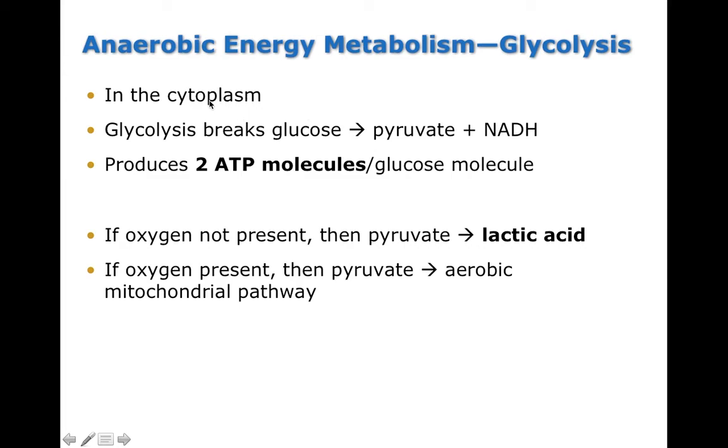So what happens is that when your cells absorb glucose, almost immediately it's broken down through glycolysis into pyruvate and NADH. Now pyruvate is one of the breakdown products of glucose, and you get 2 pyruvate per glucose. But then you also yield a little bit of chemical energy as well in the form of what's called NADH.